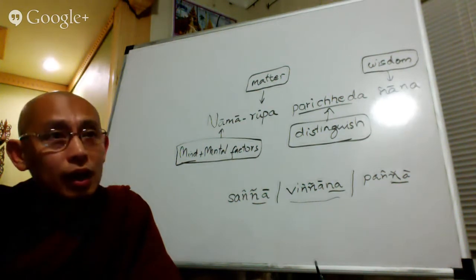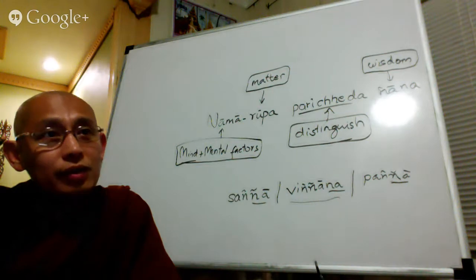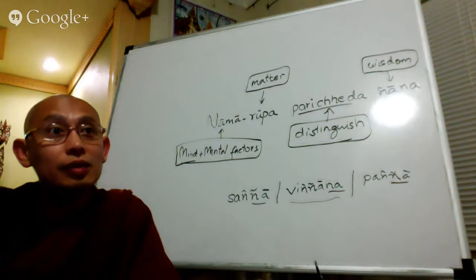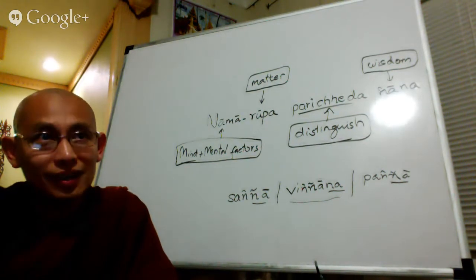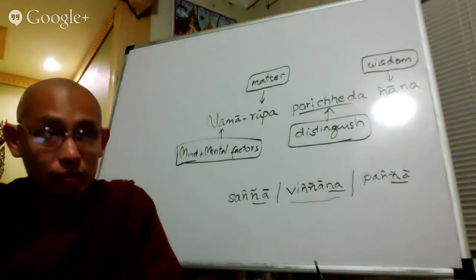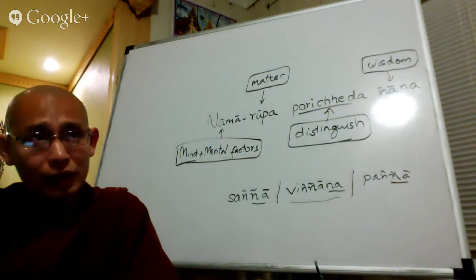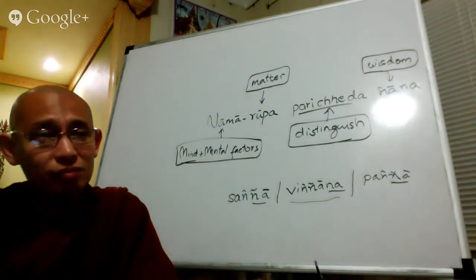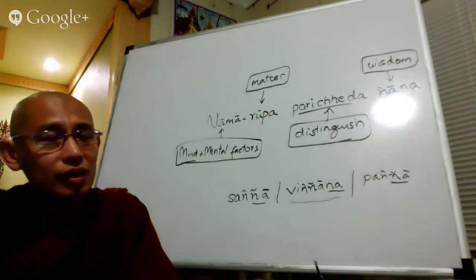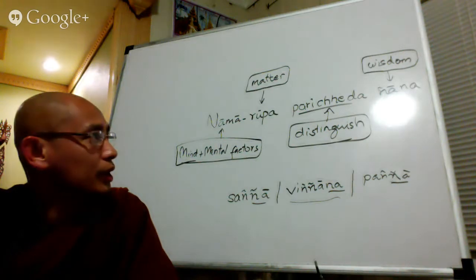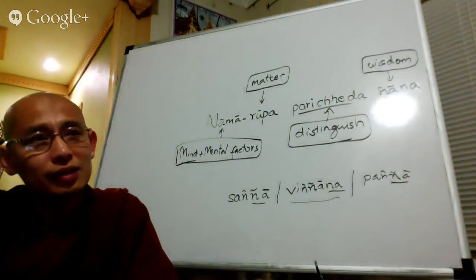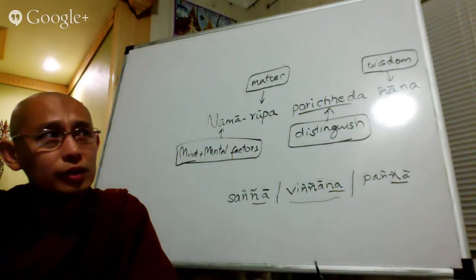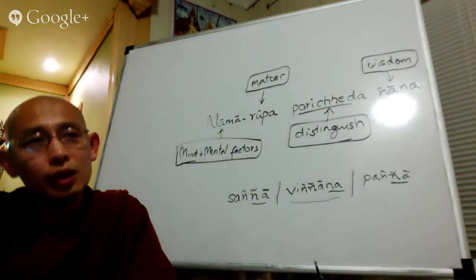And then supramundane consciousness. Without wisdom, we cannot train the supramundane stage. So wisdom is associated with not all beautiful mind. Not all beautiful mind, only 47.